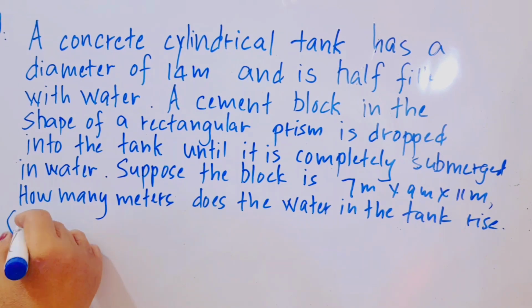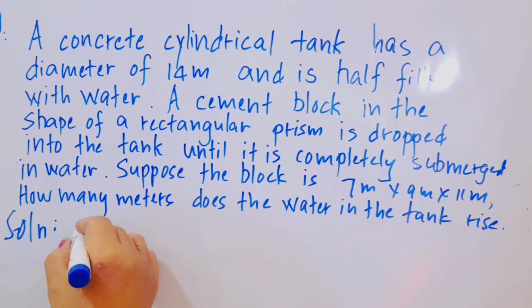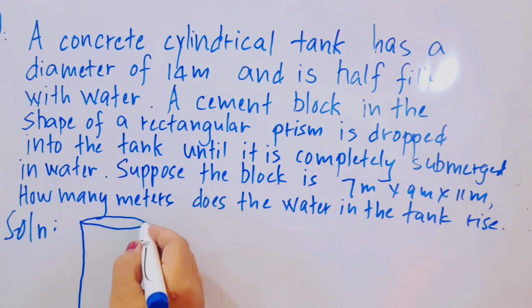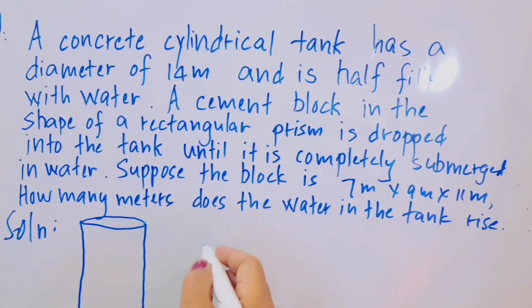Now, if we have this cylinder, we have the cylinder and we have the block. We have the block with a dimension of 7 by 9 by 11.